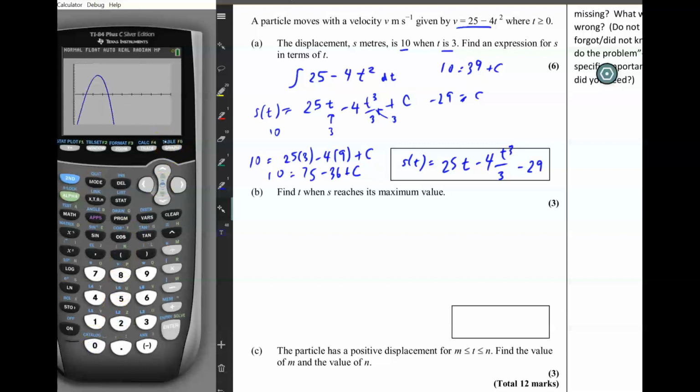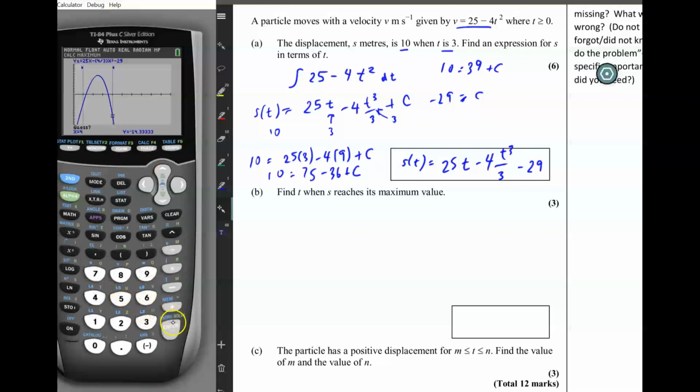All right. So it says find out when s reaches its maximum value. It would be that point right about there. So let's do second calc, maximum, which is number 4, and the left bound, I don't know where the cursor is. Oh, I think it's too high, so I'm going to put like 1, and then the right bound we can put like 4.